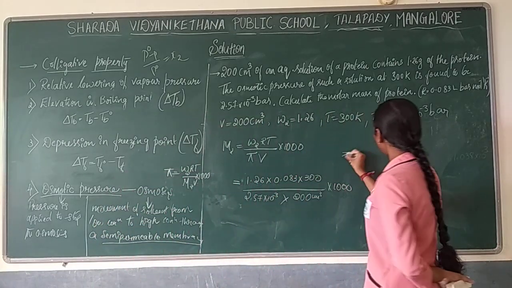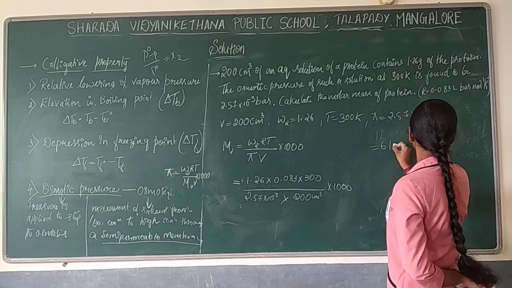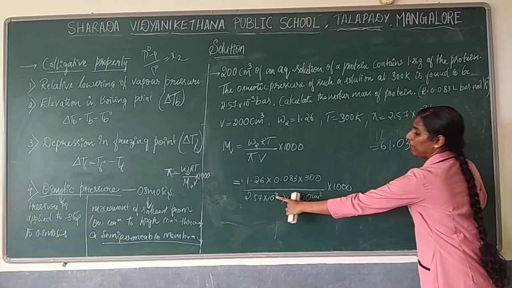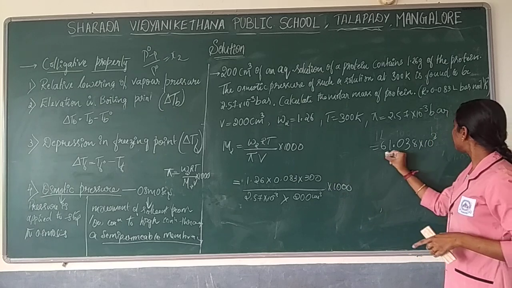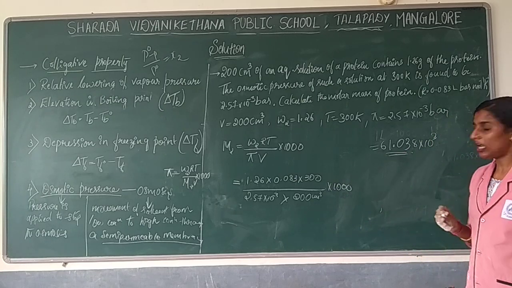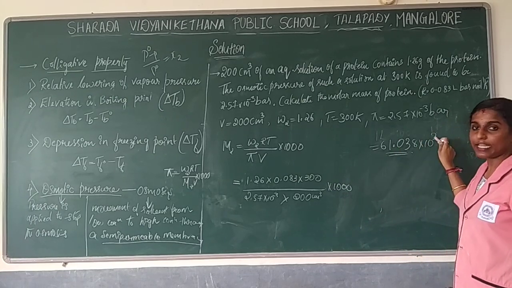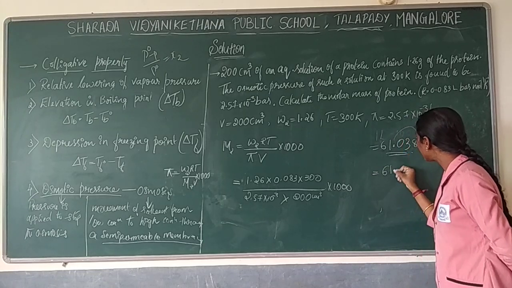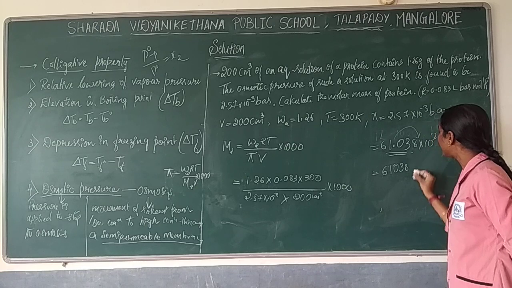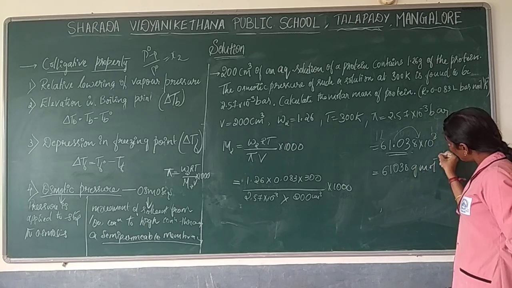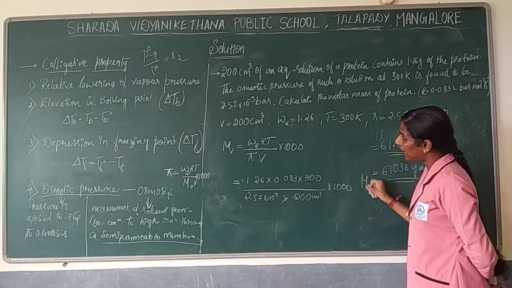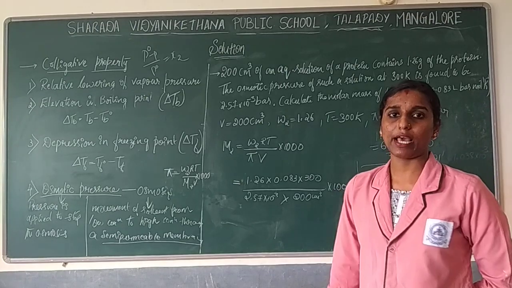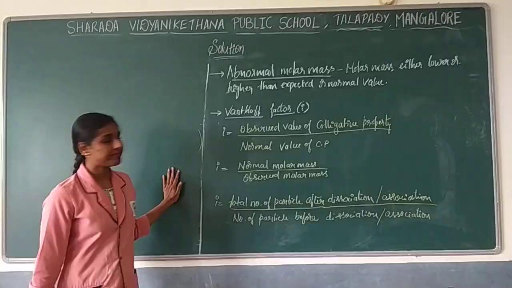So you will get an answer around 61,038 into 10 to the power minus 3. When it goes up, it comes as 10 to the power 3, so you can transfer the decimal point over here and you will get 61,038 gram per mole, because you are finding M2. So this is the value. In this way you are supposed to calculate osmotic pressure.